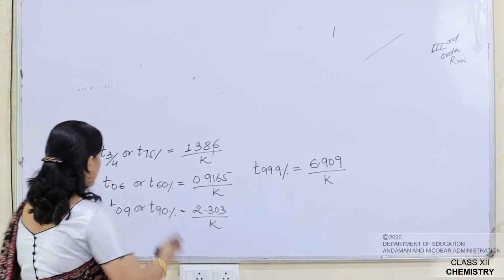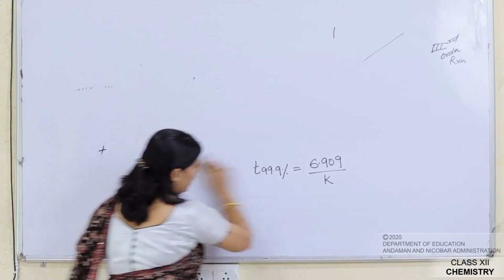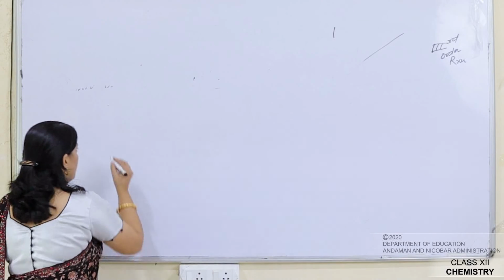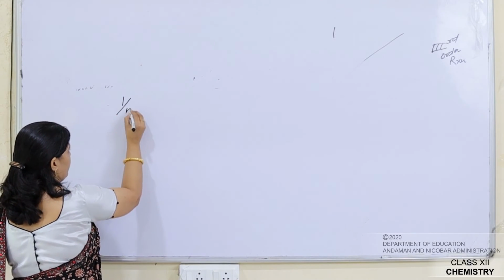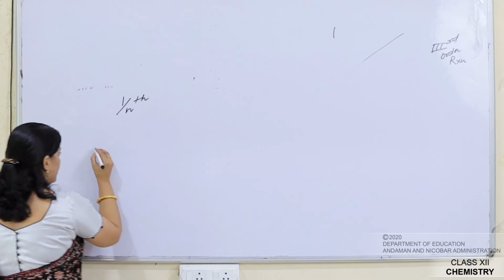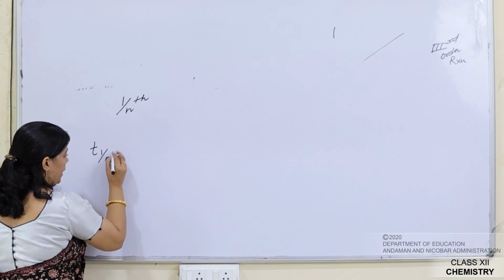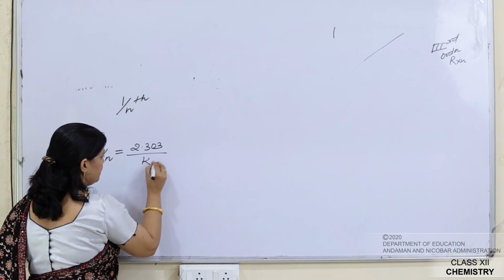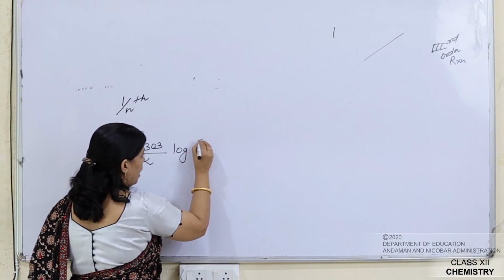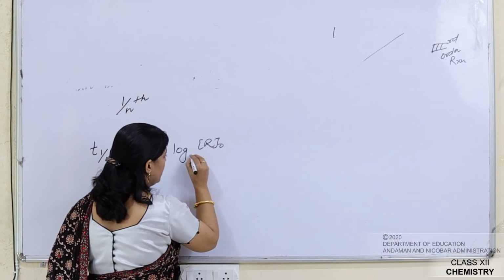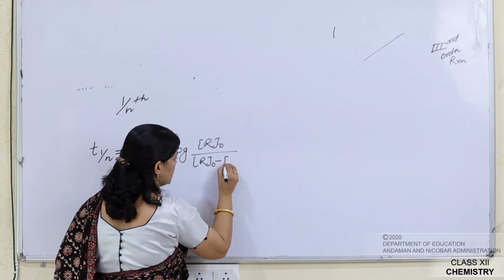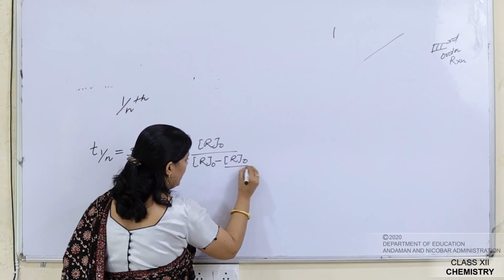So by using this equation, in general, we can calculate the time required for the completion of different fractions of the reaction, that is, for the completion of 1 by nth fraction. Okay, that is, T 1 by n is equal to 2.303 by K log R naught, the initial concentration, divided by the final, which is R naught minus R naught by n.